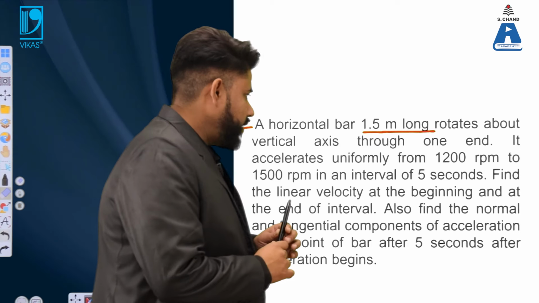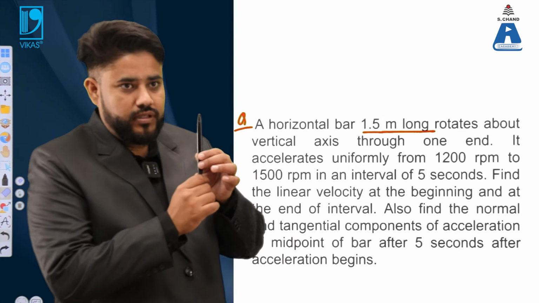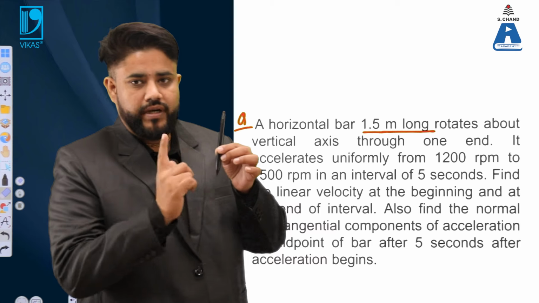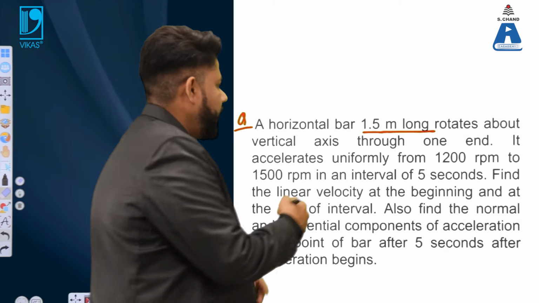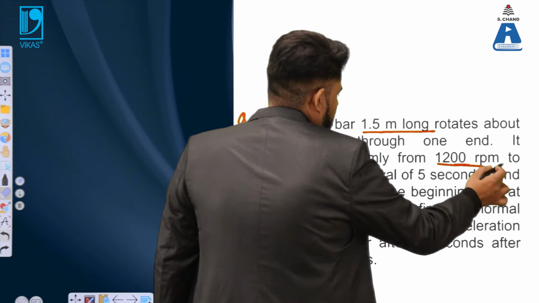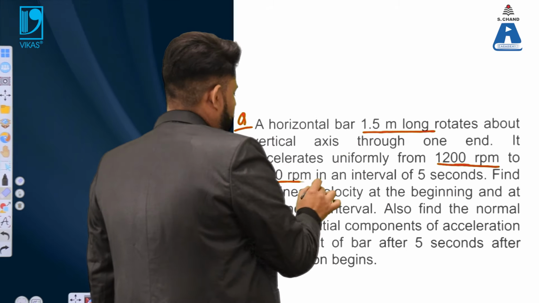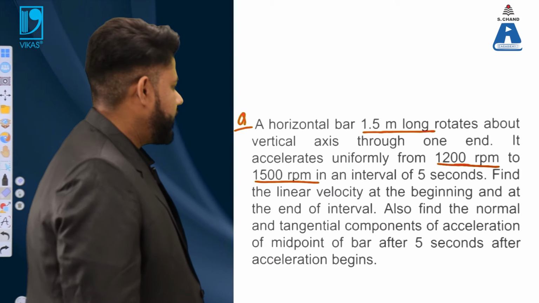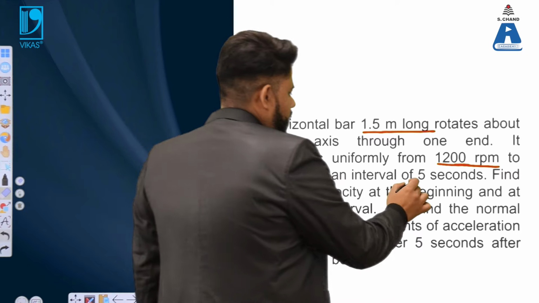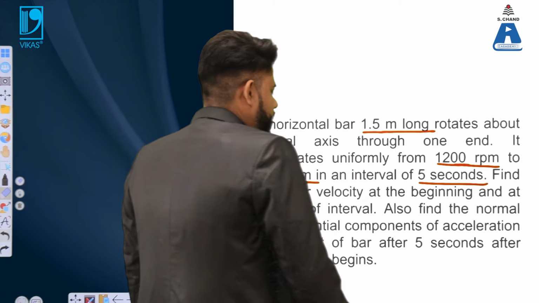So the horizontal bar is rotating about this vertical axis through one end, at 1200 rpm, and another at 1500 rpm. We have two sets of rpms, 1200 rpm and 1500 rpm, and it rotates for 5 seconds.